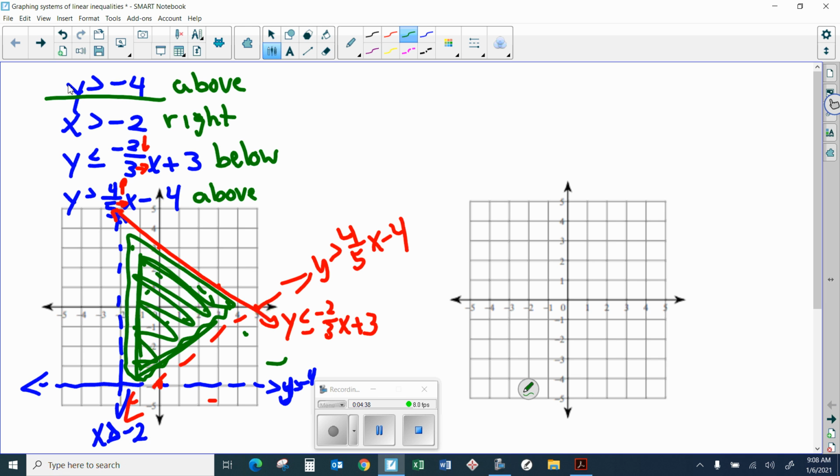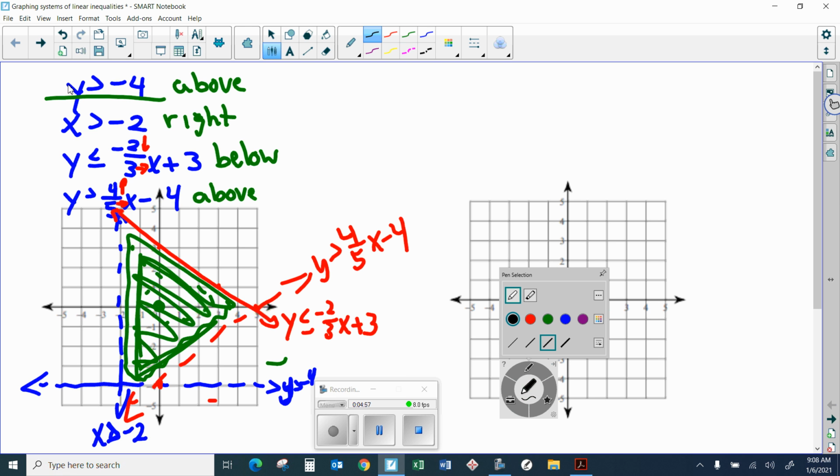Okay, that is it. Now, if you came up with a different region, one thing you should always do is check your answer by picking a point in there. And again, the easiest one to pick would be 0, 0. That's not on any of those lines, so I can pick it.